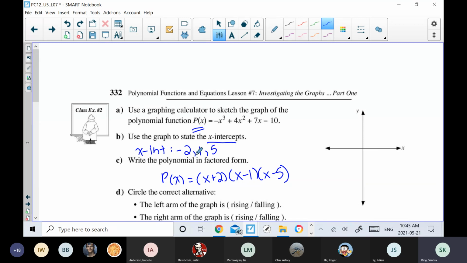I'm going to put in my x-intercepts at -2, at 1 and 5. So at -2, there's an x-intercept there. At 1, there's an x-intercept. And at 5, I'm going to look at the picture to help me sketch this more accurately.